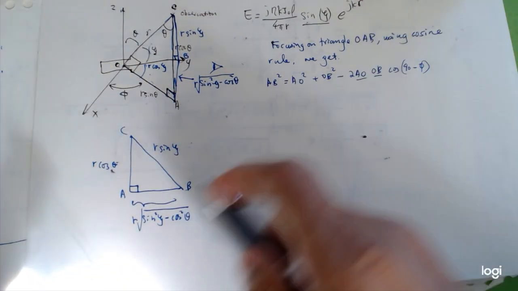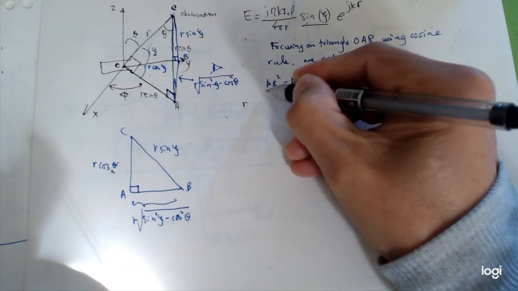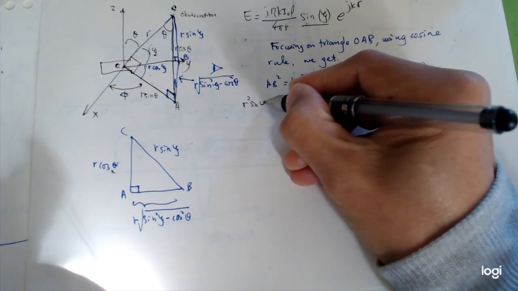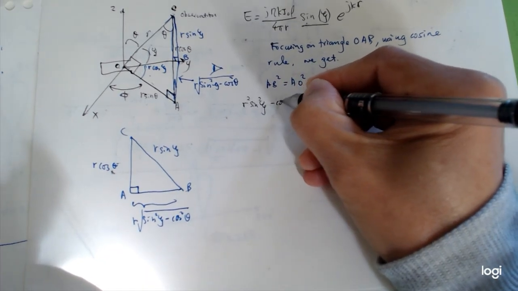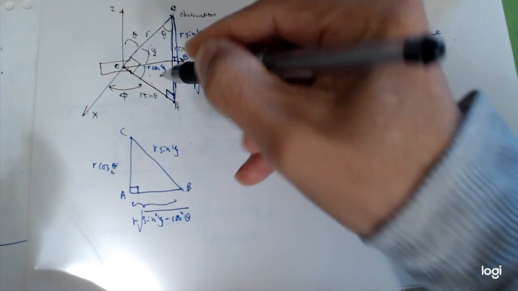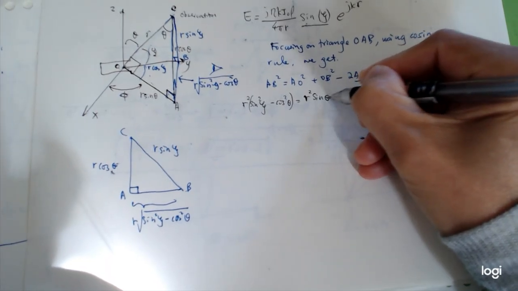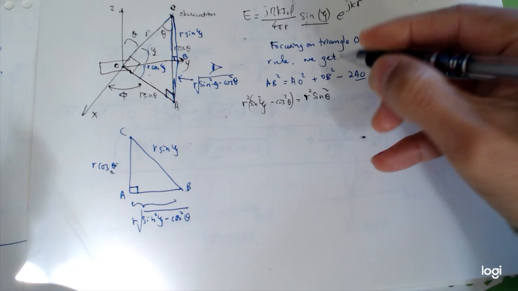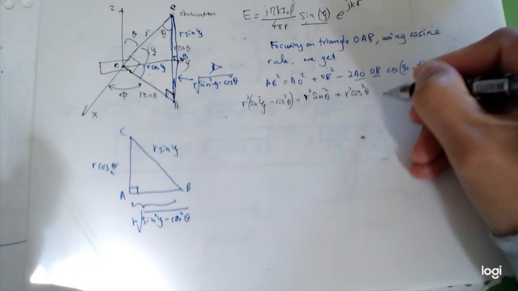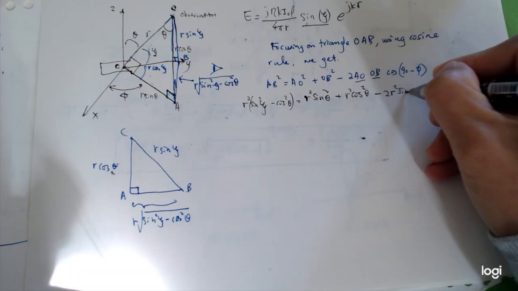AB, as is given here, AB squared is sine C squared minus cosine. AO is the length here. OB is the other length here. And 2R squared sine theta.